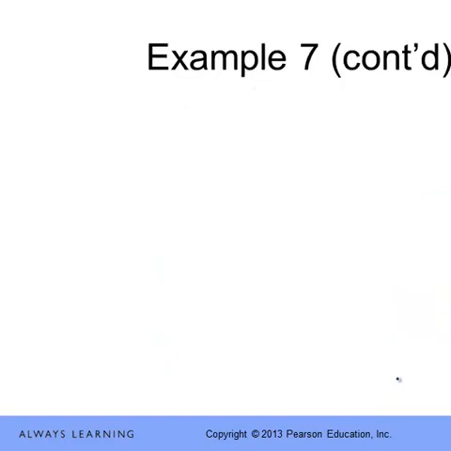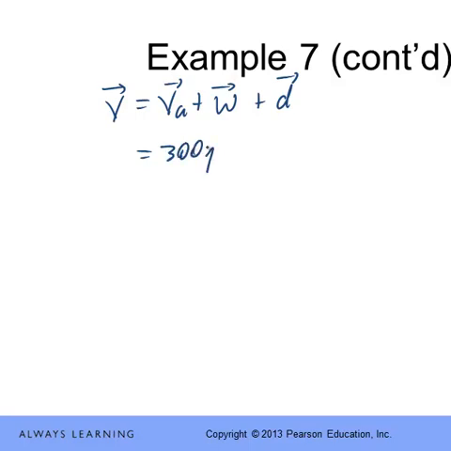So we have the velocity relative to the ground is equal to the velocity of the plane plus the crosswind plus the downdraft. Let's go ahead and write those vectors. We have 300 j hat for the motion of the plane plus, not 200, but 20 root 2. Now, that's i hat minus j hat, but we'll just distribute that out. i hat minus 20 root 2 j hat. And then for the downdraft, we have minus 30 k hat.